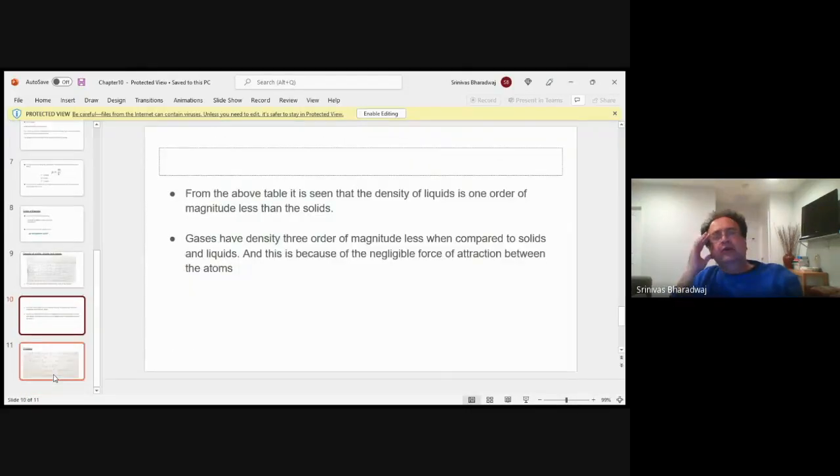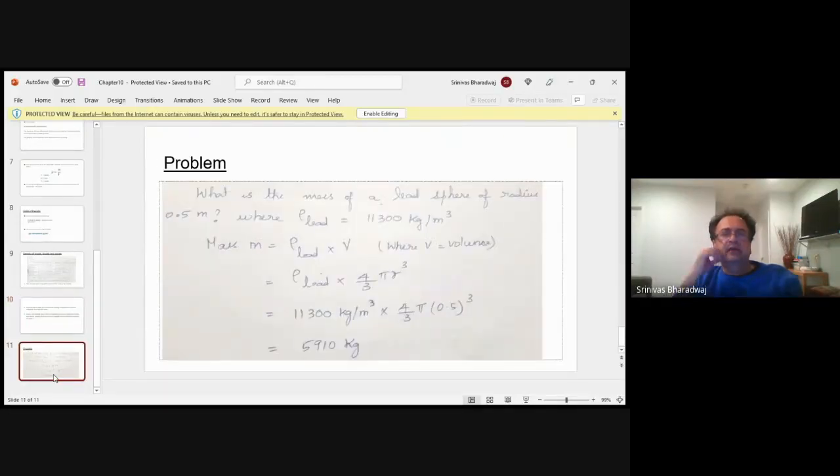From the above table, it is seen that the density of liquids is about one order of magnitude less than that of solids. So what is the mass of a lead sphere of radius 0.5? Mass is rho times V, where rho is the density of lead, and V is the volume of the sphere, which is 4/3 pi r cubed, and therefore you end up with the total mass.